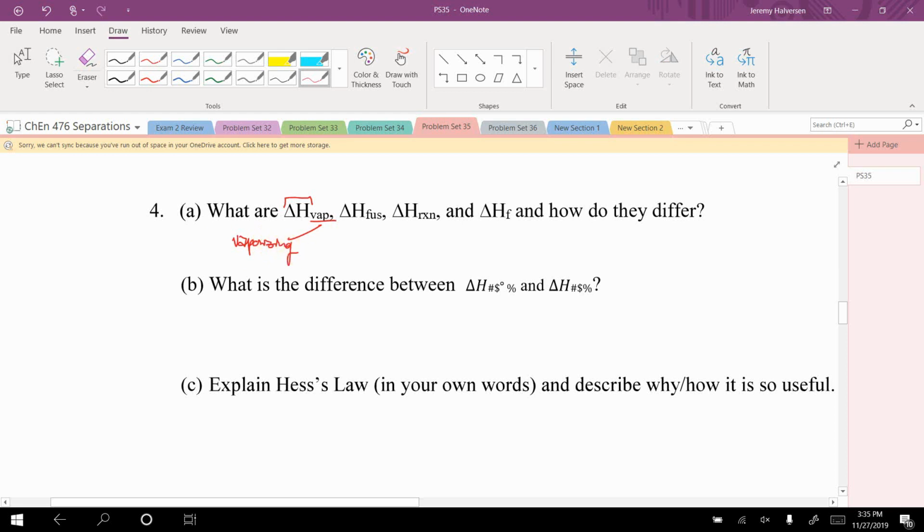It's the heat needed to vaporize something. Usually, all of these will be written in kilojoules per mole. So the heat required to do that process for 1 mole of something. So delta H of vaporization for water is 40.7 kilojoules per mole, meaning it takes 40.7 kilojoules to vaporize 1 mole of water.